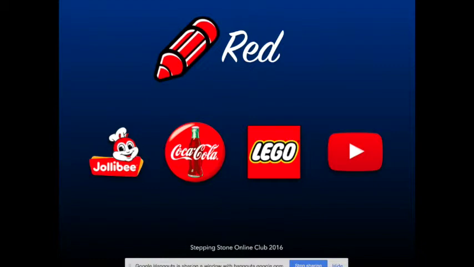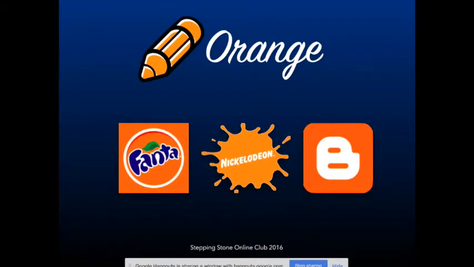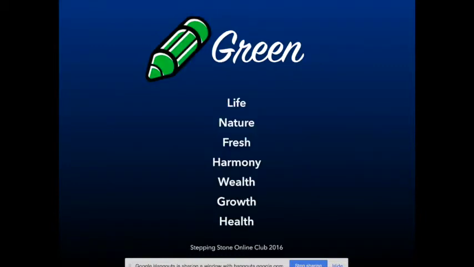And the next is orange, which shows friendly, confidence, warmth. It sparks controversy and cheerfulness. Here are the brands with orange logos: Fanta, Nickelodeon, and Blogger or blogpost.com. Next is green.